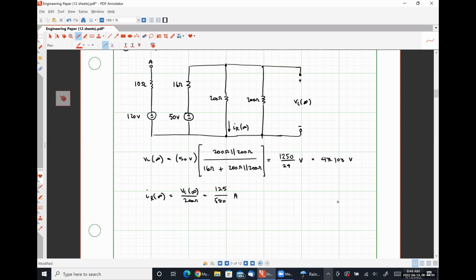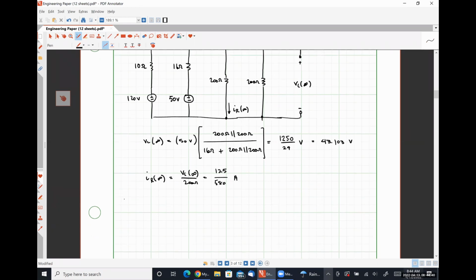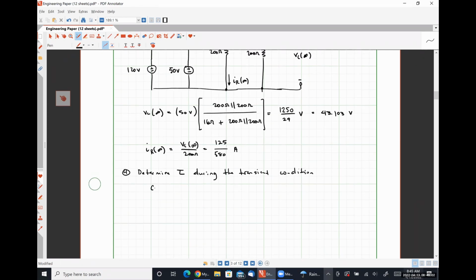All right. So our fourth step is to determine the time constant during the transient condition. So we need to know what CEQ is, and we need to know what REQ is.